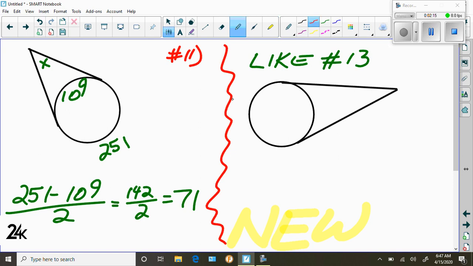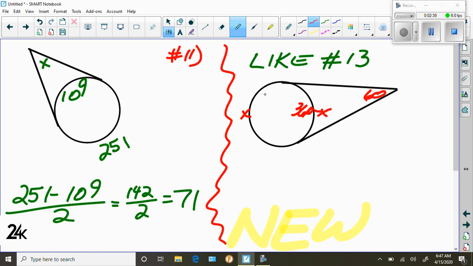All right, so now this is like number 13, but I'm not going to do number 13. Okay, so this is 60, and this is x. And you're like, whoa, whoa, whoa. Is the answer just 120? And I'm like, no, no, no, it's not. If this is x, this part over here is 360 minus x.